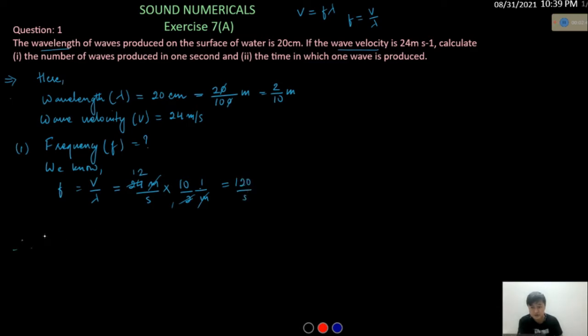So therefore the number of waves produced in 1 second is equal to 120 waves.